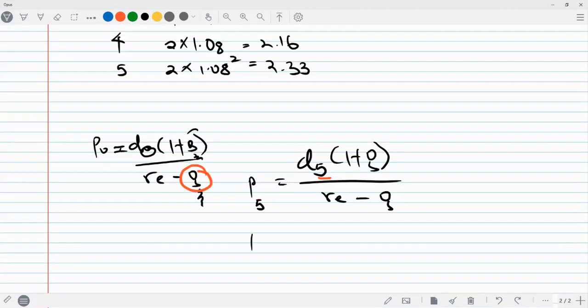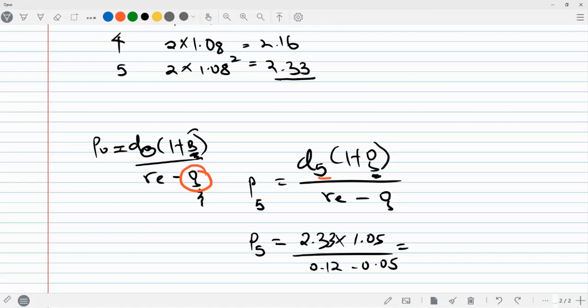Therefore, the share price at year 5, P5, will be equal to D5, the dividend for year 5, which we have here, 2.33, times 1.05, where the growth to infinity is 5%, divided by the cost of equity, 12%, minus 0.05. Therefore, what's P5, the share price at year 5?